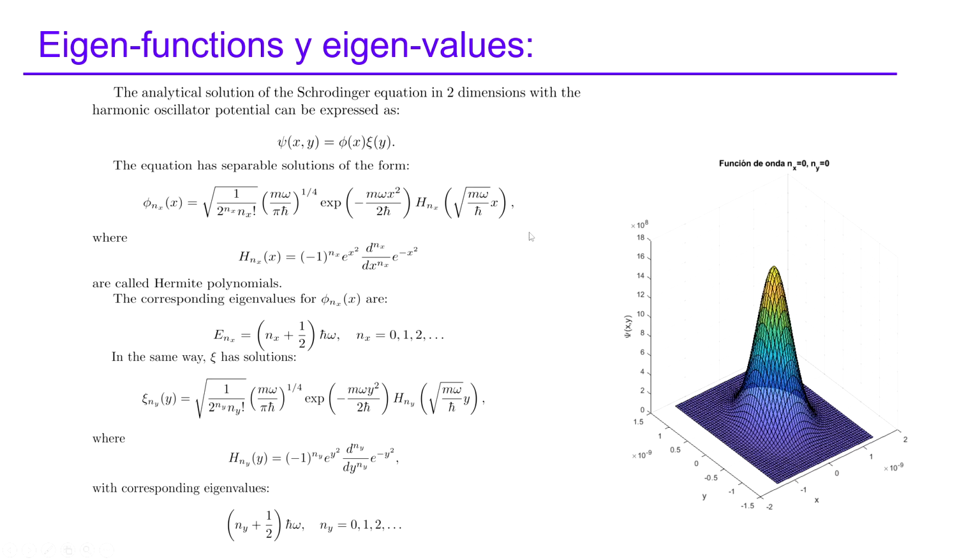This is the form for the equation that depends on x, and this is the form about the Hermite polynomial, right? And this is for the form of the y function, the function that depends on y.